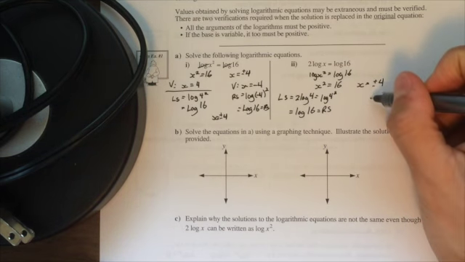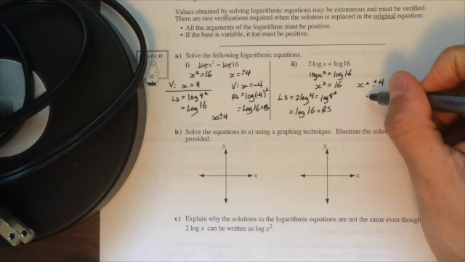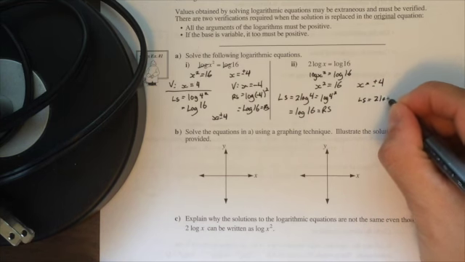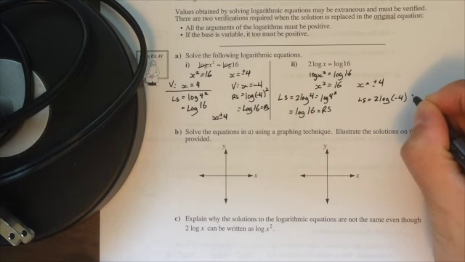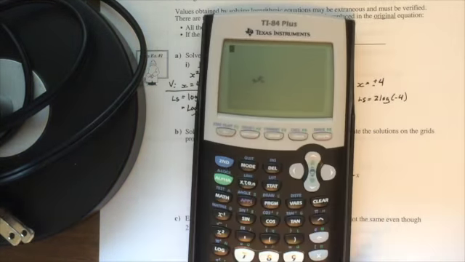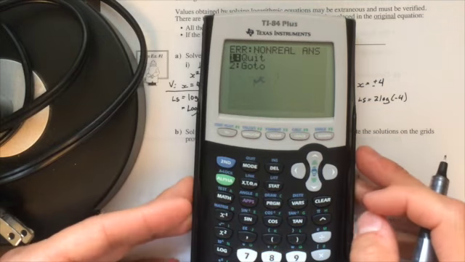Now let's verify the other solution, where we're going to verify negative 4. So 2 log times negative 4. And if you were to plug that into your calculator, you're going to get this as your solution.